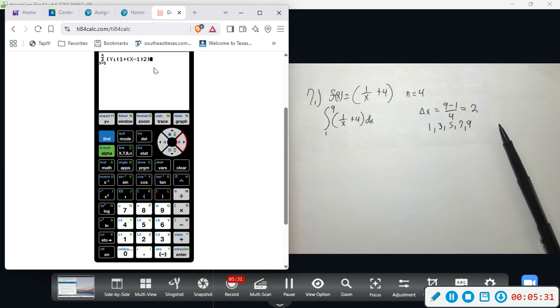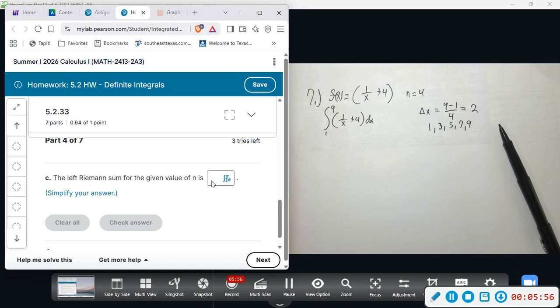And then on the outside, this is our y value, our height. We're going to multiply the width times 2. Okay, and since we put the equation in fraction form, it's going to give us our answer in fraction form. So we get 3,712 over 105.